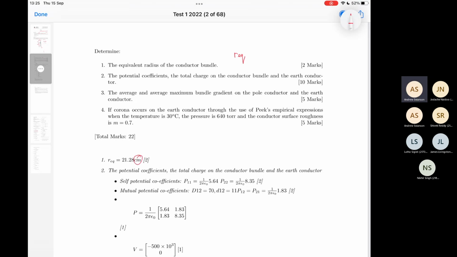A number of folks forgot their units. That doesn't help. I can't award marks if there's no unit. What actually happens is that you don't put a unit there, and then you use the wrong unit in the next section, and that causes a miscalculation of the results.